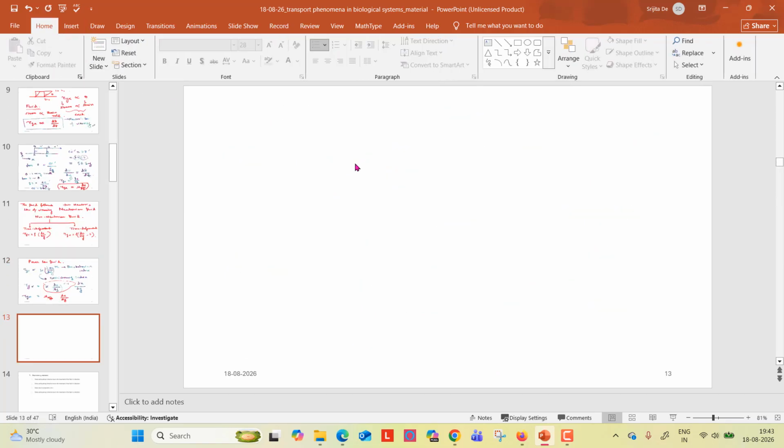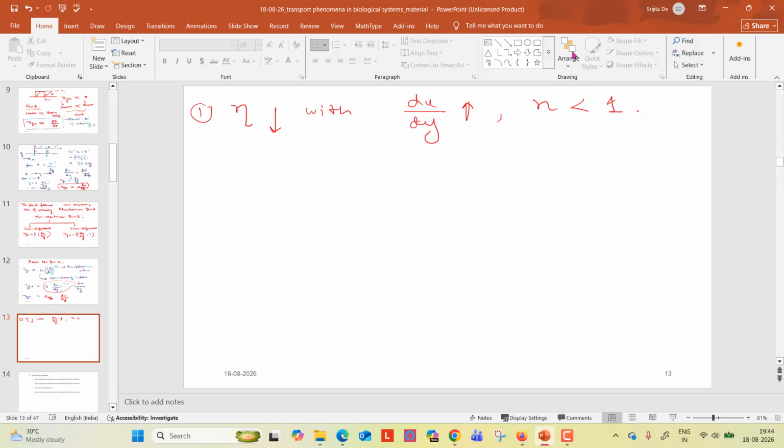When apparent viscosity decreases with increasing velocity gradient, then n becomes less than 1.